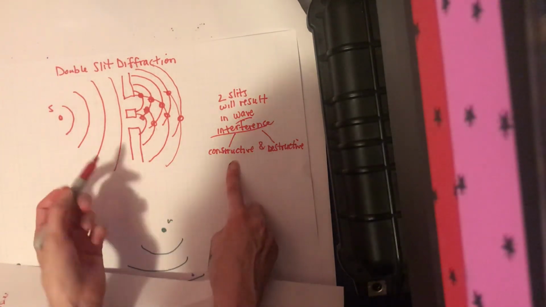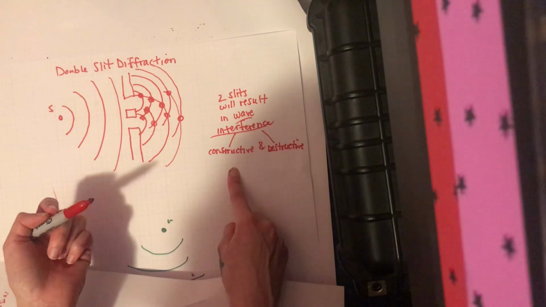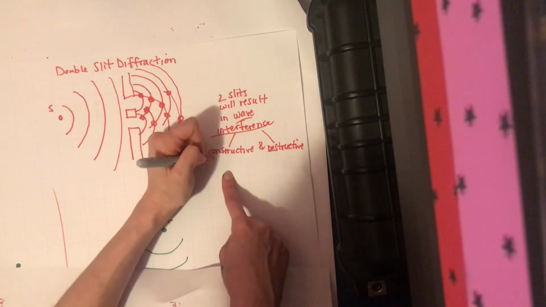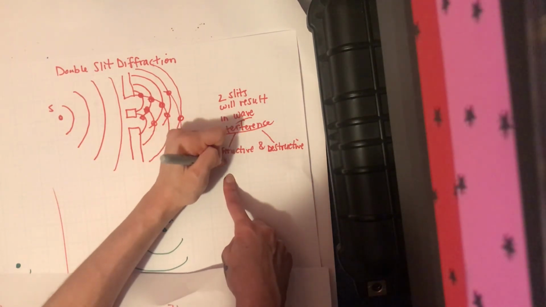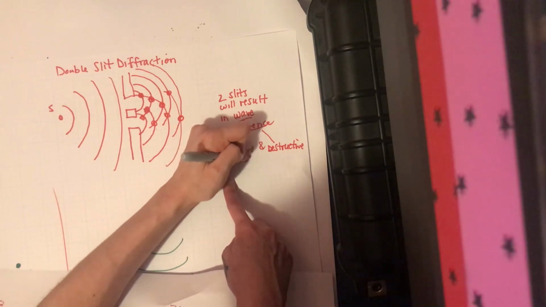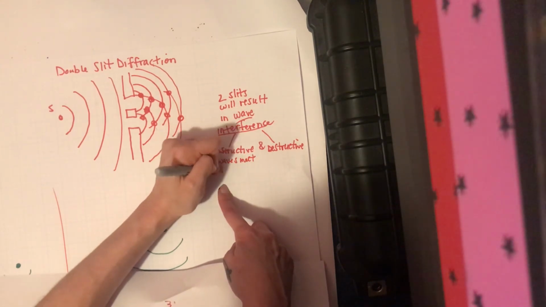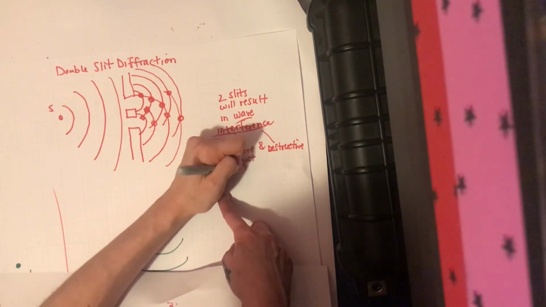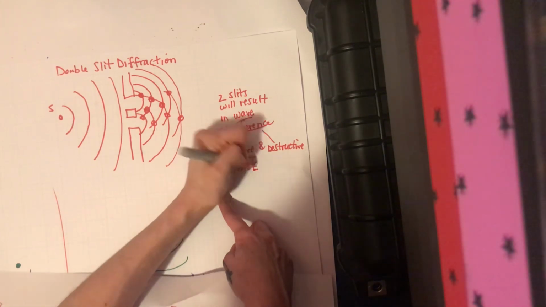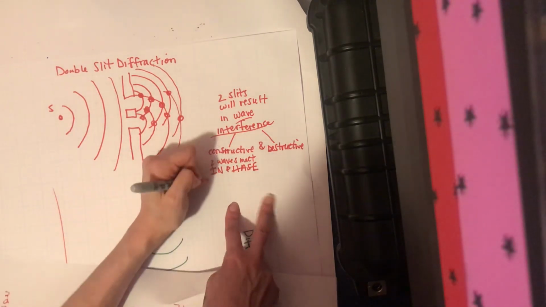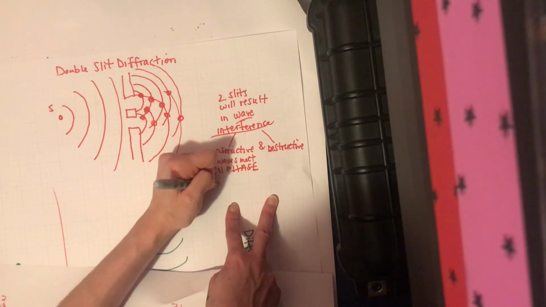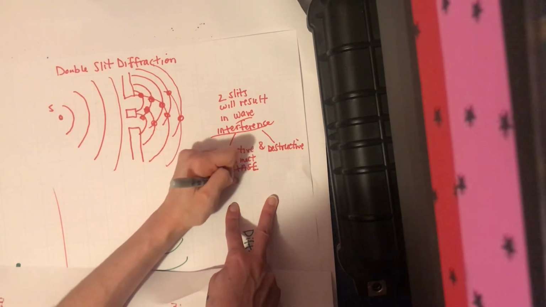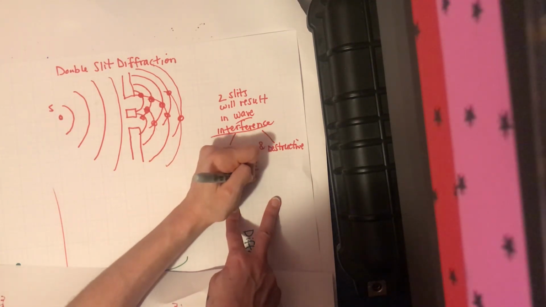Constructive interference is when 2 waves meet in phase with each other, meaning the amplitudes are additive.